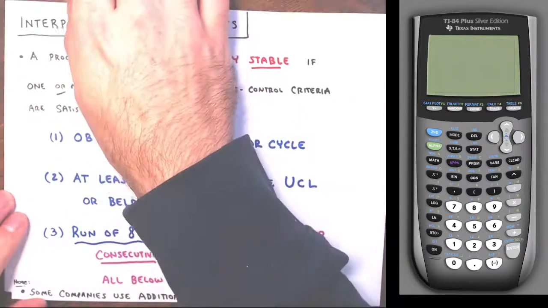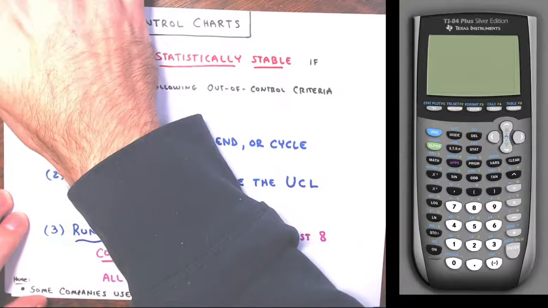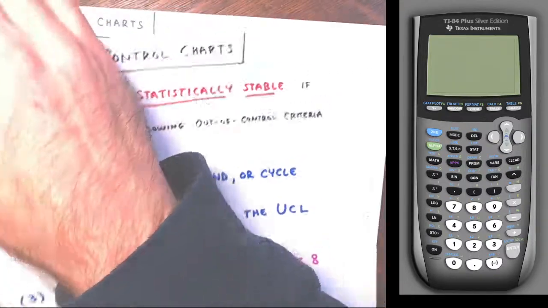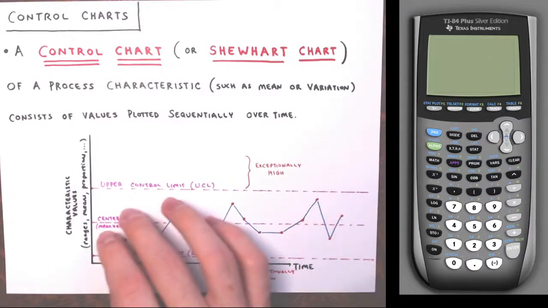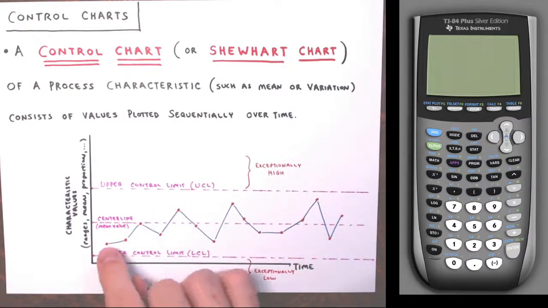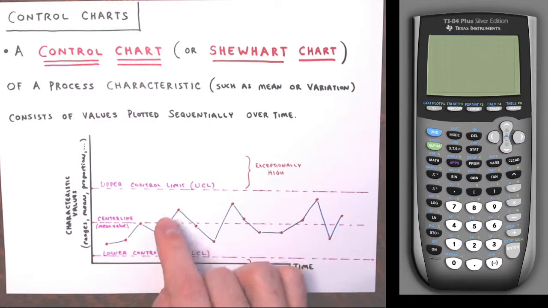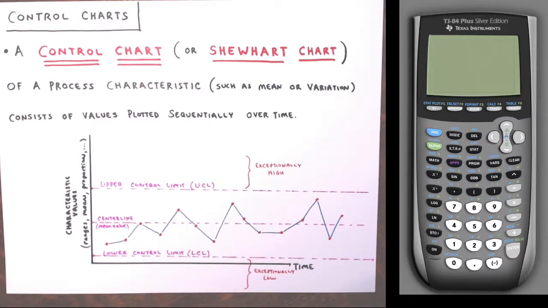And a way to think about this is to think about flipping a coin. When you flip a coin, you're either getting heads or tails, right? So if you think about a data point in a line chart, it's either going to be above the center line or below the center line. Well, if you flipped a coin and got 8 heads in a row, the chances of that happening are incredibly slim. So you'd probably think there might be something up with this coin. It might be an unfair or unbalanced coin.